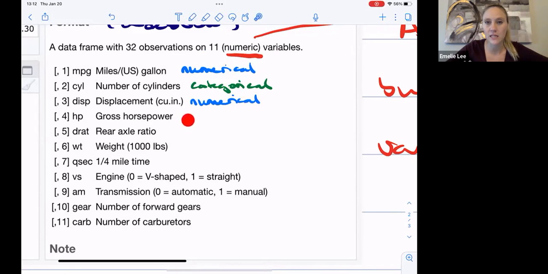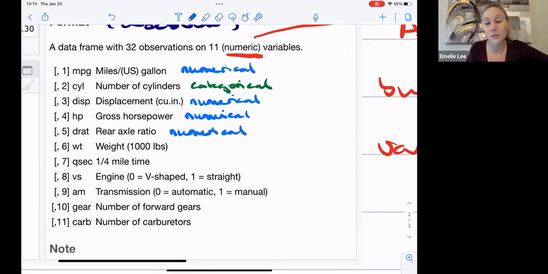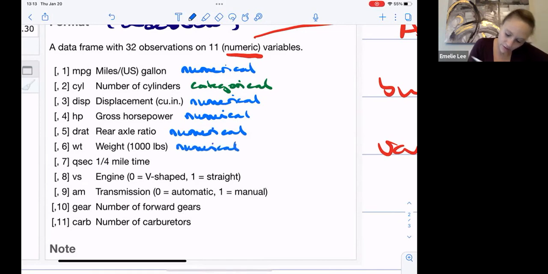That would be a numerical variable, right? Because it's a measurement. And so that's numerical as well. The rear axle ratio seems like a numerical measurement. I'd probably have a look at the data, but because it's a ratio, I don't think that there are different categories. I think that it's going to be numerical. It's not one of the variables that we're going to focus on anyways. We could, but it probably won't be that interesting. The weight is also numerical.